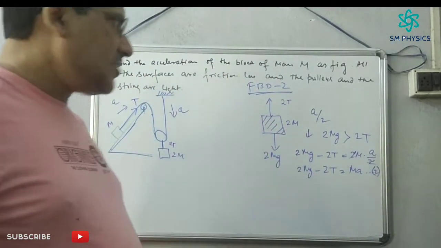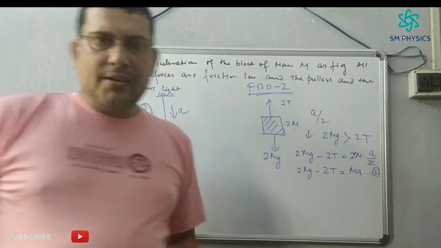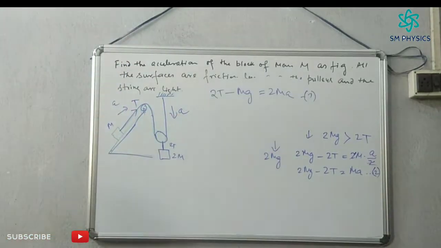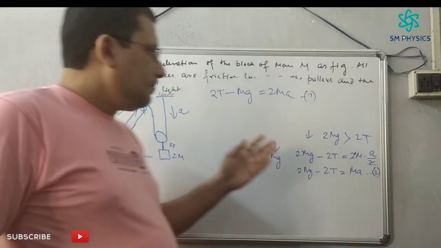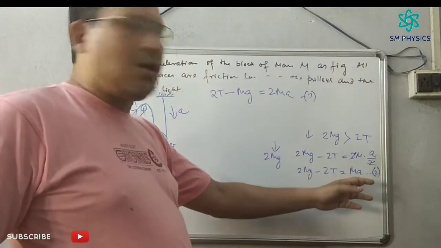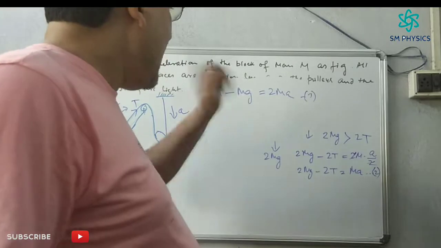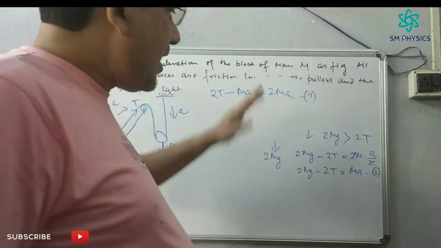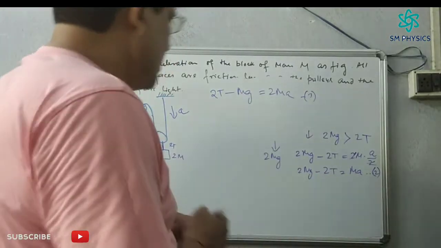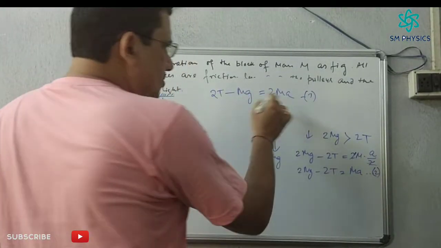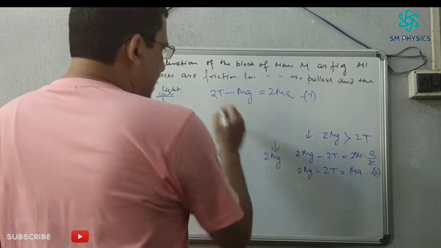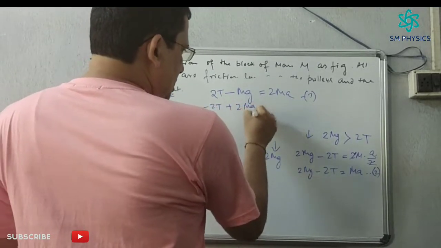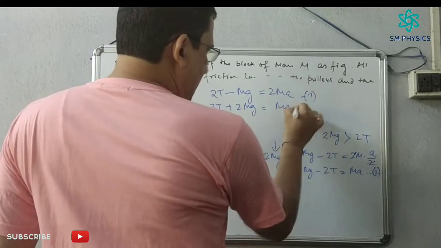You just take the screenshot and I will rub it due to lack of space. So this one is 2mg minus 2T is equal to ma, that is the second equation. And the first equation was 2T minus mg is equal to 2ma. Now I have to solve it. So 2T minus mg is equal to 2ma, and minus 2T plus 2mg is equal to ma.